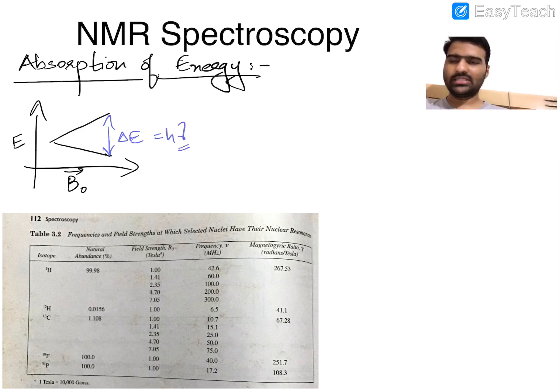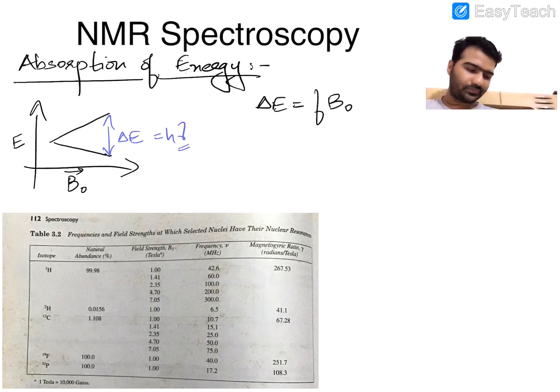Now that having been established, we will look at the theoretical basis for absorption of energy. Based on this graph, it's clear that the difference between the energies of the ground state and the excited state is a function of the external magnetic field B naught.